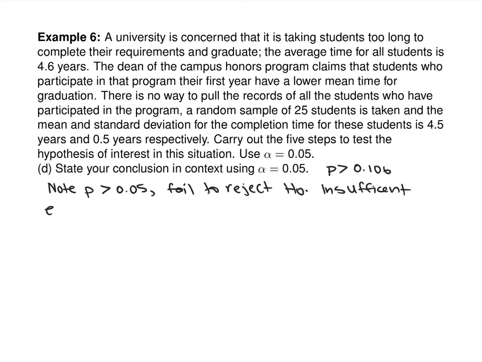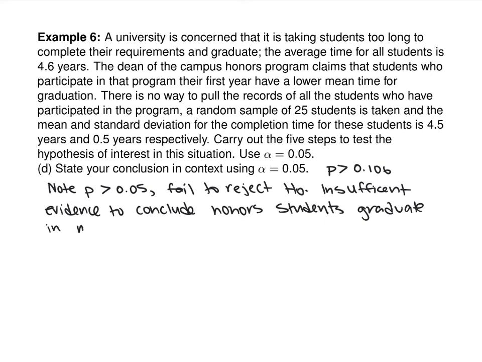Insufficient evidence to conclude in this case that the graduation time is less than the average. So insufficient evidence to conclude that honor students graduate in a more timely manner than the general student body.